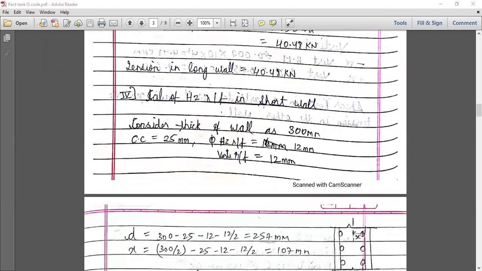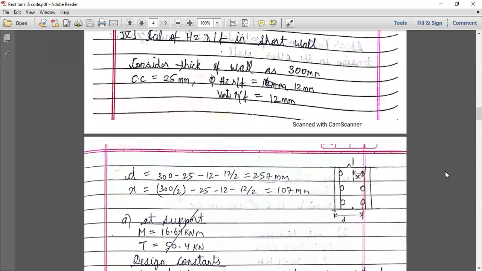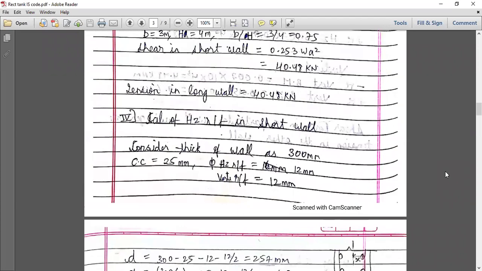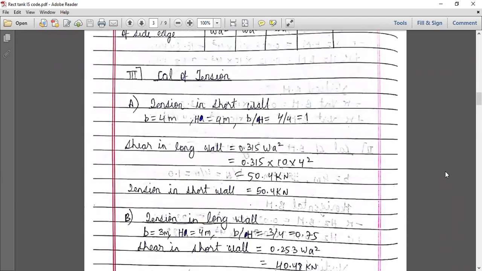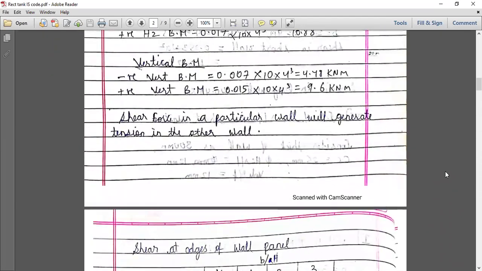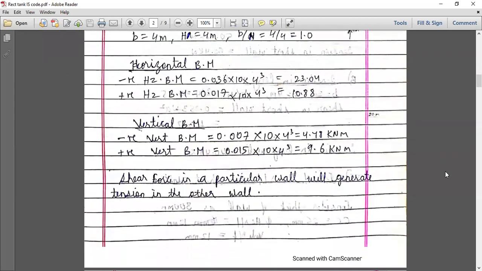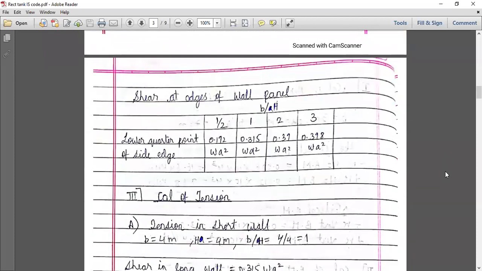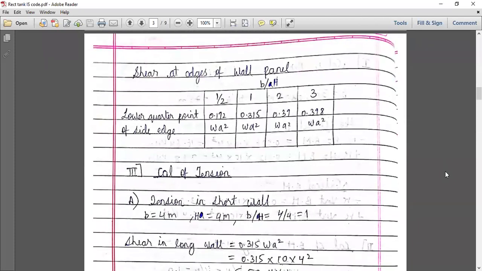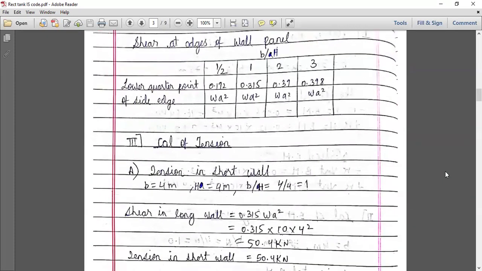Okay, so from this step onwards we will have to work out, calculate. So you can just note down till this step. ठीक है, I hope this bending moment you have noted down. After that just calculate, note down the third step, that is calculation of tension.